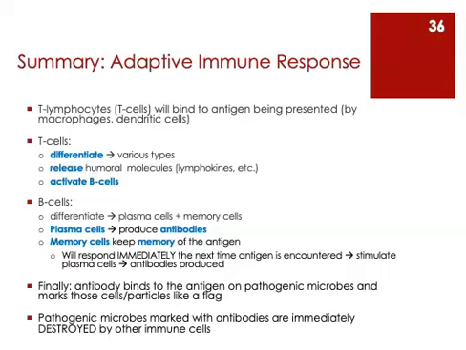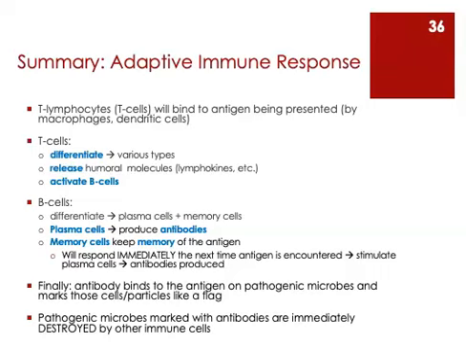That binding is going to cause the T cells to differentiate, to start maturing and dividing into different types of T cells. It's also going to stimulate the T cells to produce and release various humoral chemicals. And the combination of those things is going to activate B lymphocytes, or B cells.